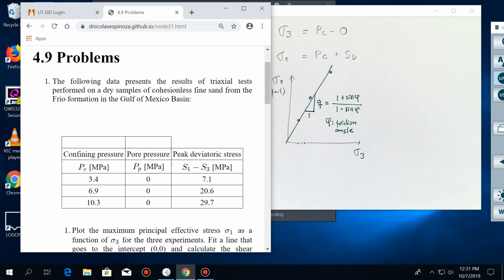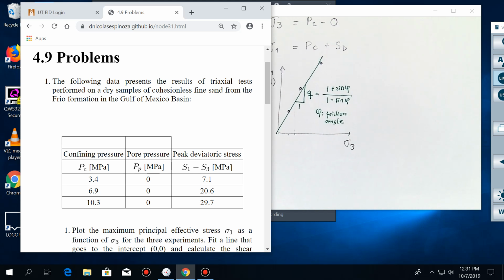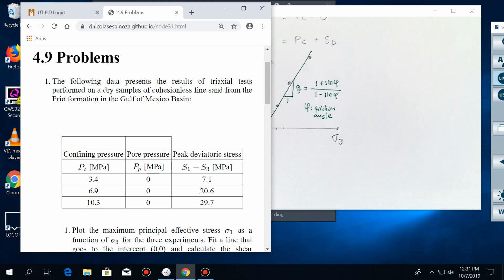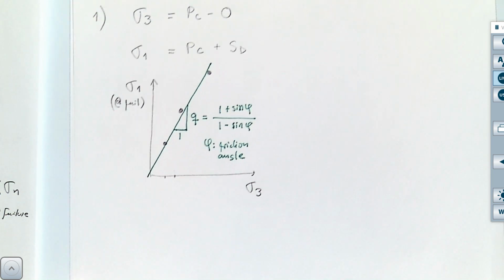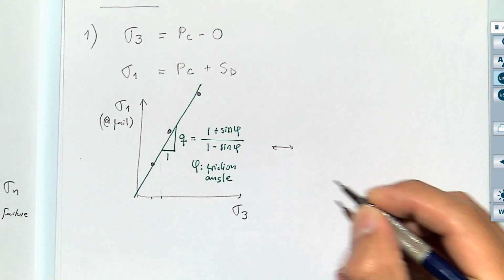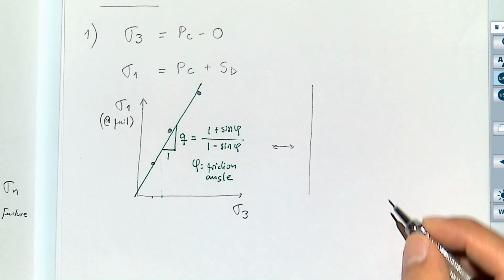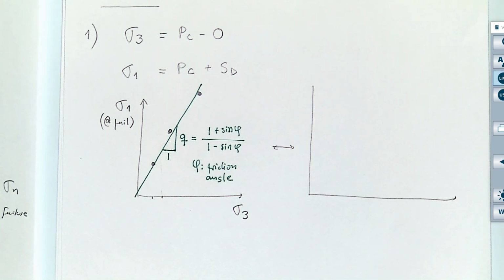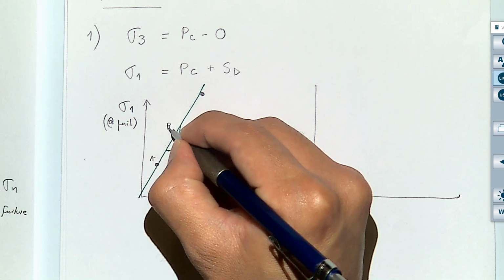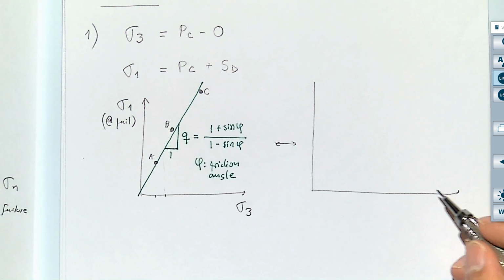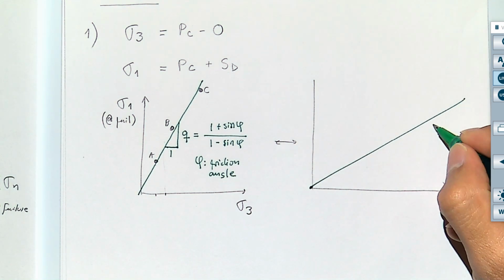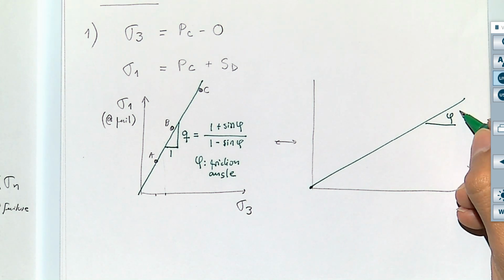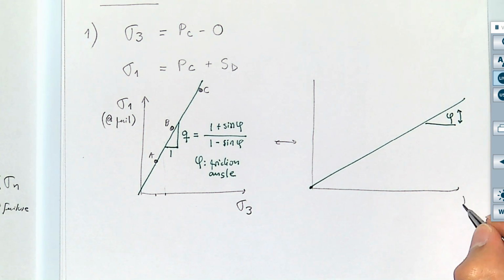But this is exactly the same as the Mohr circle. Is the same line, is the same data. If I were to take this into the Mohr circle diagrams, let's call this one A, B, and C, and where now this is the friction line, this is the friction angle, this is the normal stress, this is the shear stress.